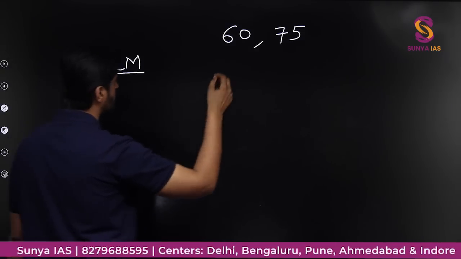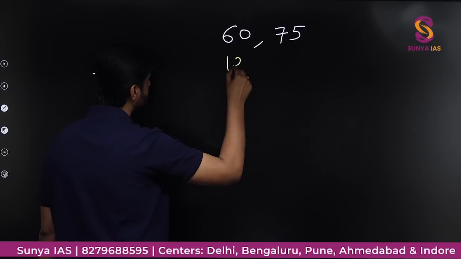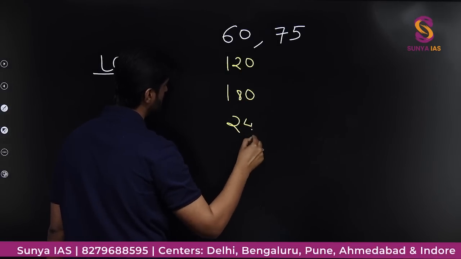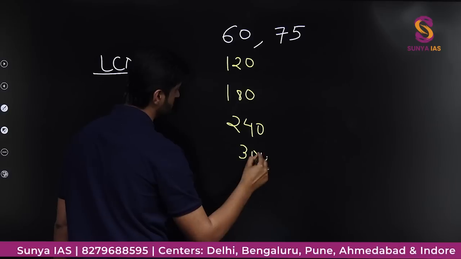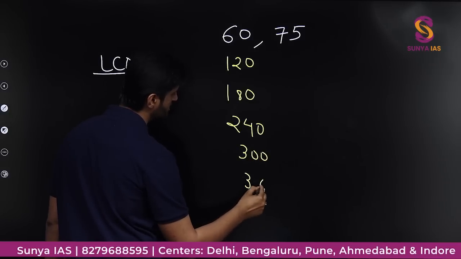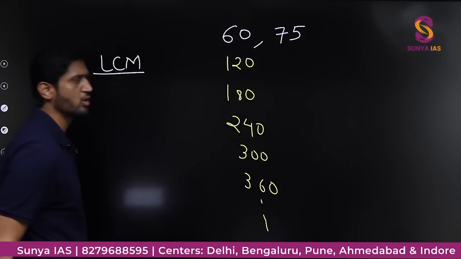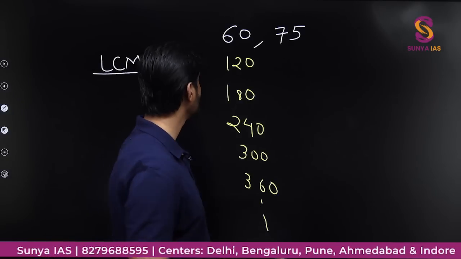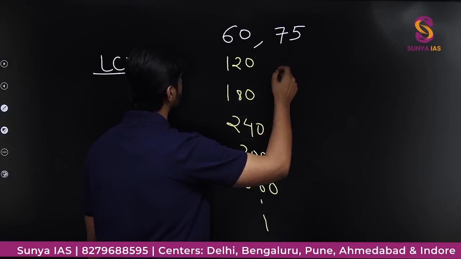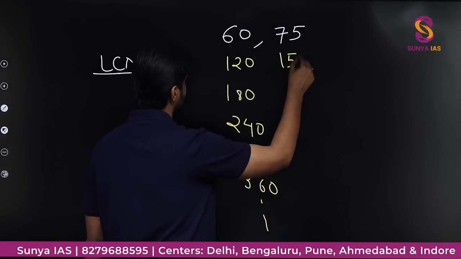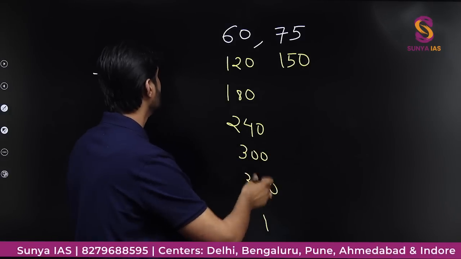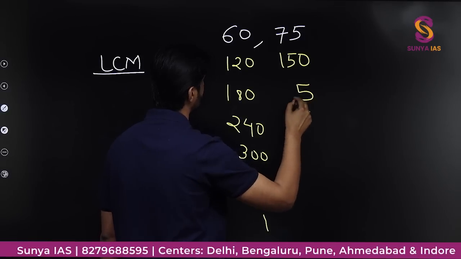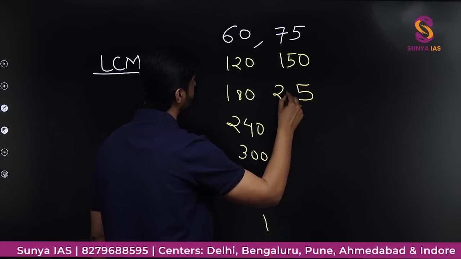if you have 60, what are the multiples of 60? You have 120, then 180, 240, 300, and so on, 360. The list goes on. Similarly, what are the multiples of 75? Multiples of 75 are going to be 150, then one more multiple you will have, that is 75 into 3, that would be nothing but 225.